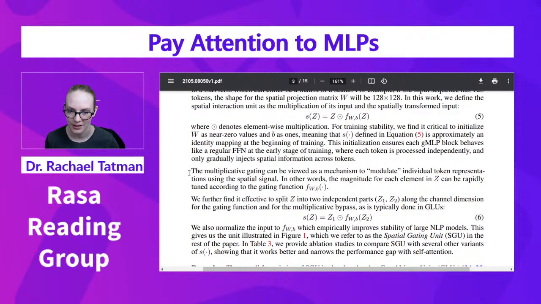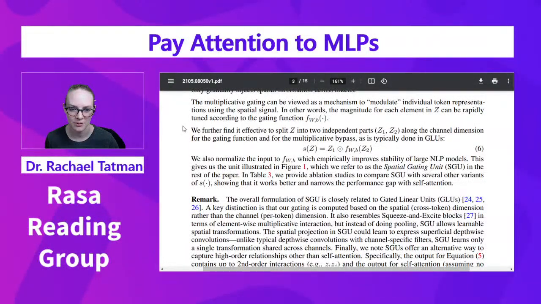All right, so this makes sense to me. We further find it effective to split Z into 2 independent parts, Z1, Z2, along the channel dimension for the gating function and for multiplicative bypass, as is typically done in GLUs. Okay, so this would be like, you've got your R, G, and B. You do the G separately, you do the B separately, you do the R separately.